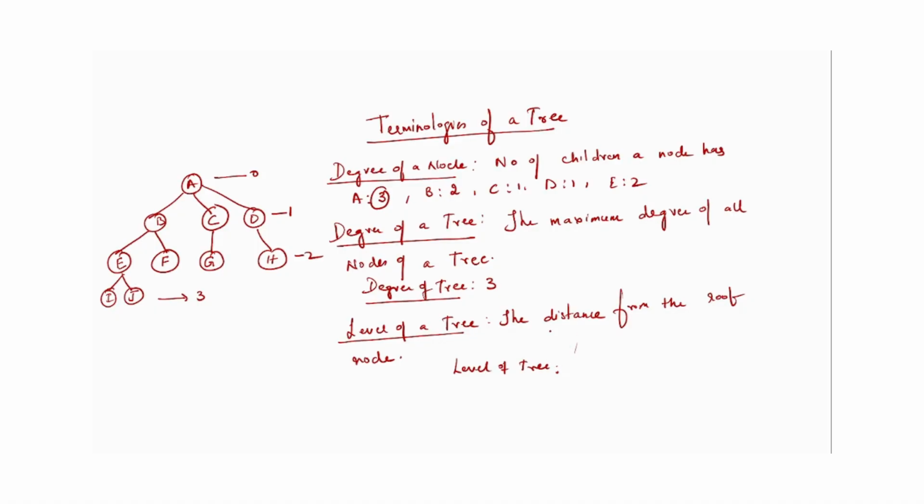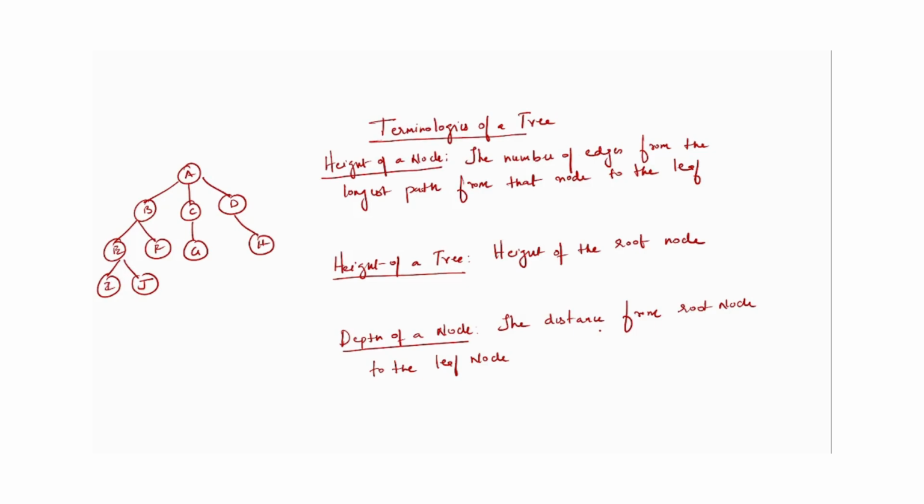In fact there are 4 levels, right? I can also count from 1, 2, 3 and 4. So it would be 4. The level of this tree is 4.